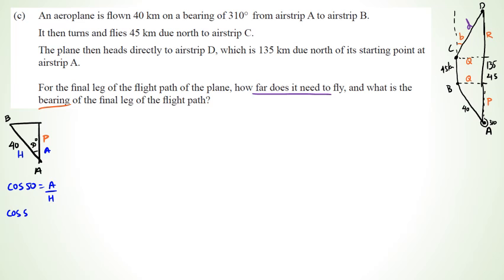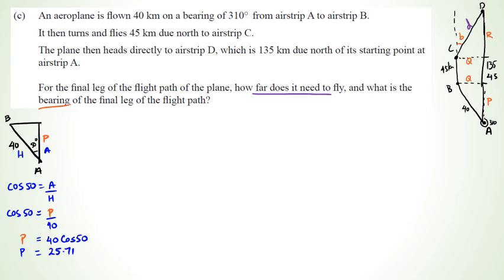So cos 50 equals P divided by 40. So I've got P over 40. So then I can say that P is equal to 40 times cos 50. So P equals 25.71.